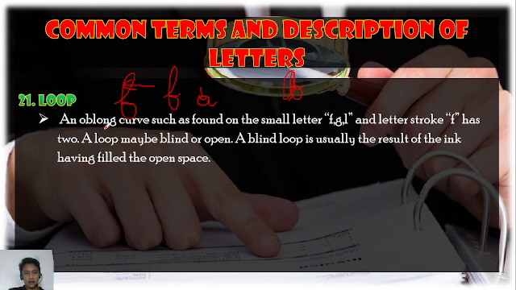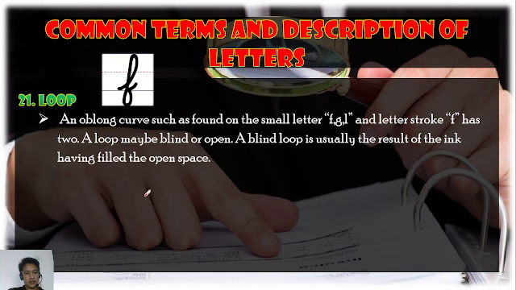Okay? This is an oblong curve found on small letter just like letter F or pwede rin letter G. Okay? Letter G. In some letter G. Okay? Or letter L. Common on letter L. Right? So, that is what we refer to as loop.